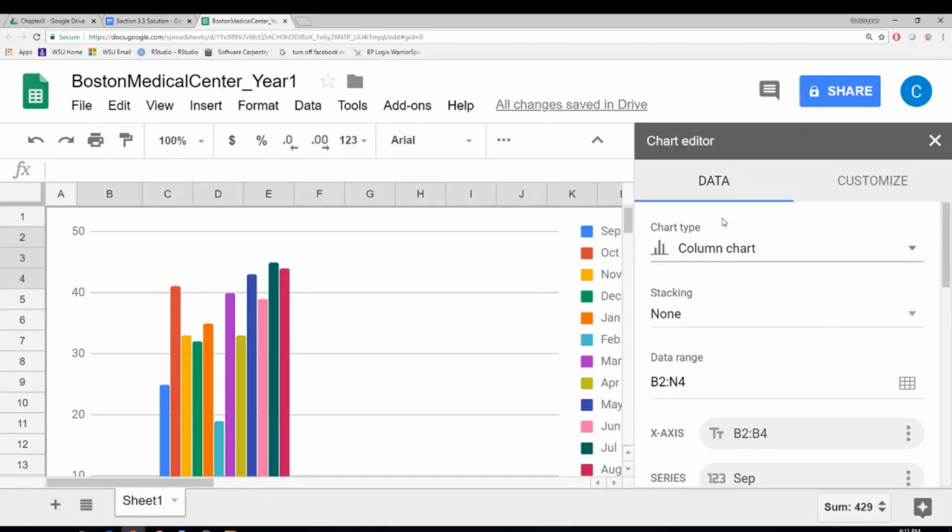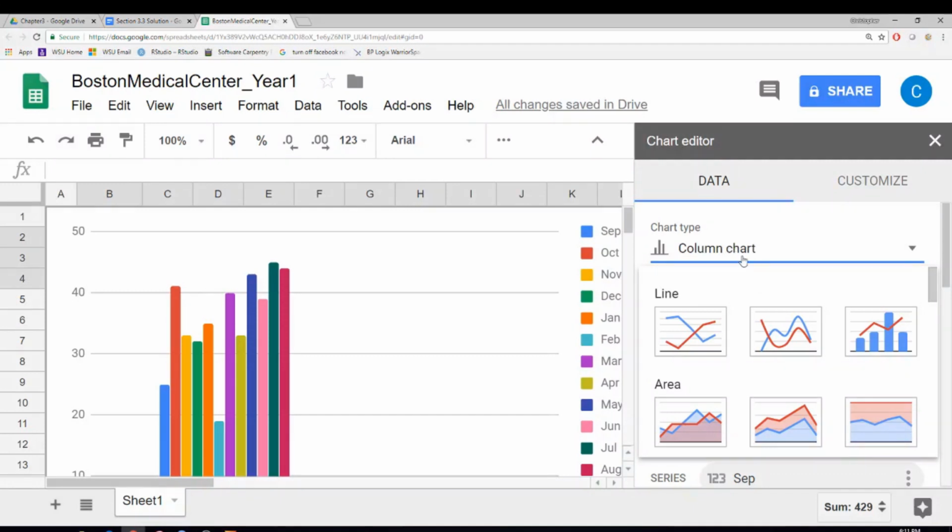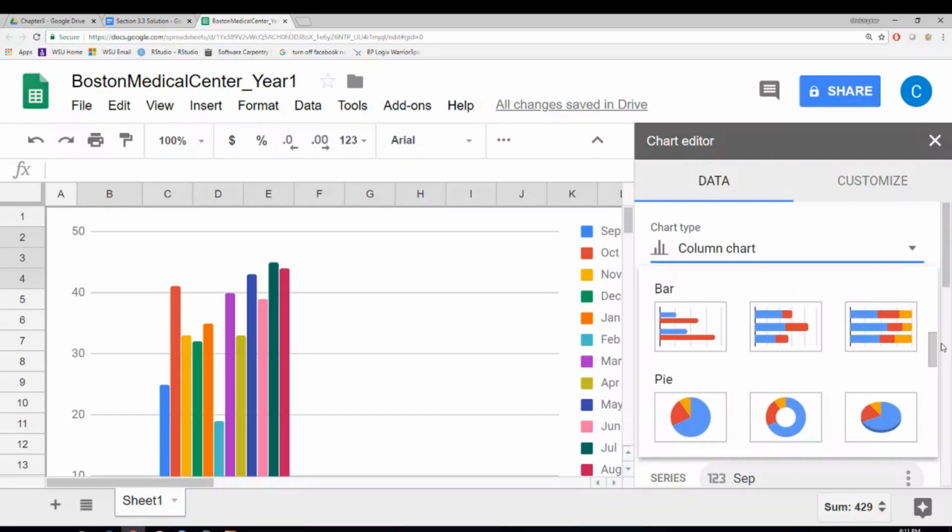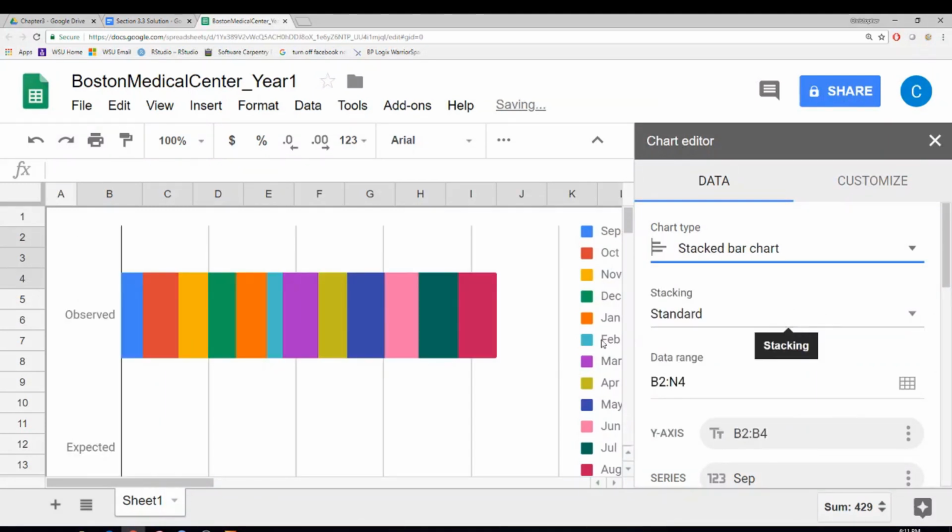But underneath Chart Type here, you can select these segmented bar graphs. So for example, this one right here is the one that I have selected. And then that's going to go ahead and plot the observed values here.